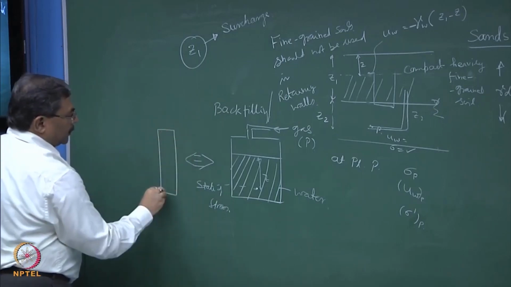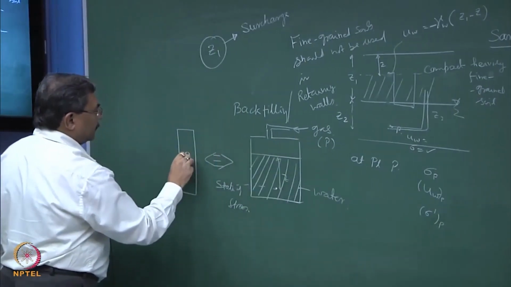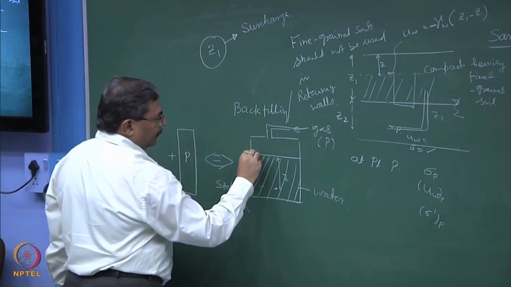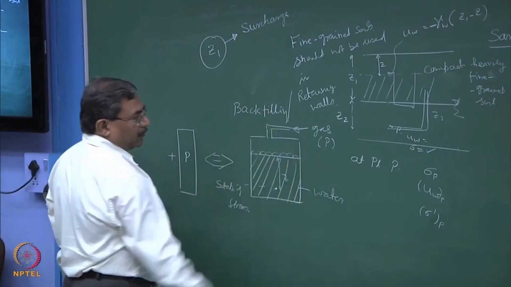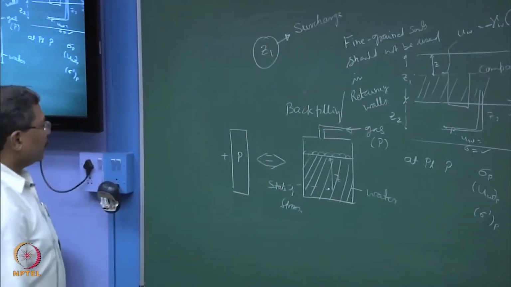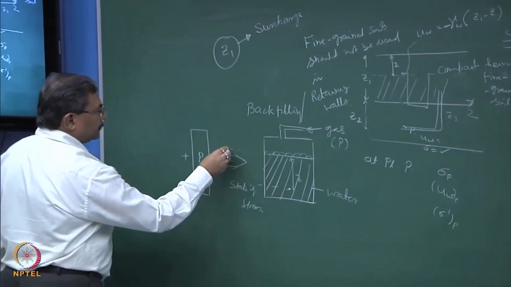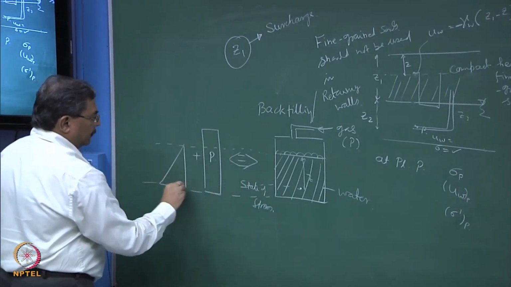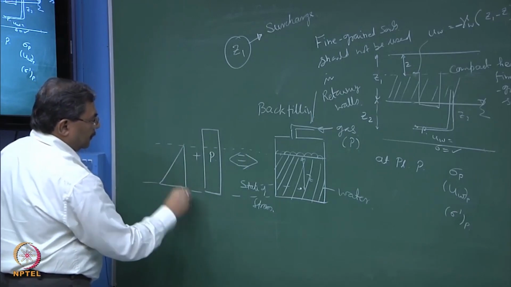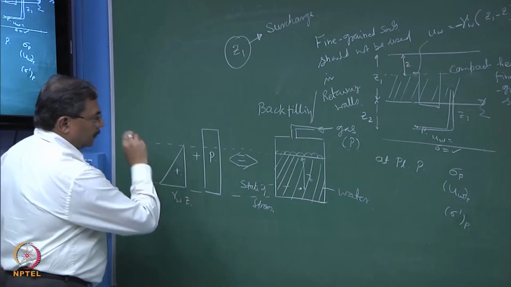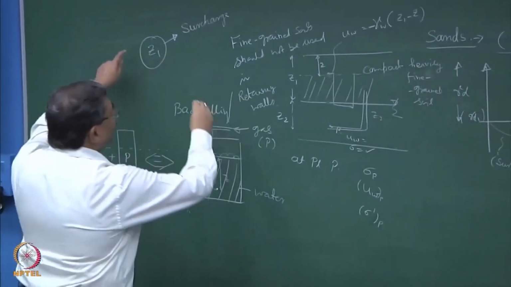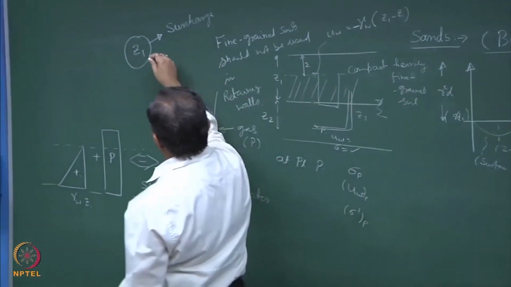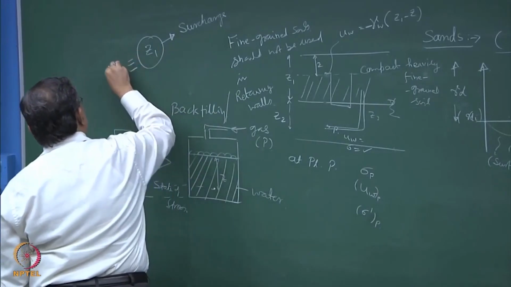So, this is the P pressure which is acting constant, and this will get added up to. So, this is P which I can show like this also, uniformly distributed load. You must be doing structure analysis plus this is the hydrostatic pressure. Is this okay? So, when you have the fine grained material which is heavily compacted, this becomes a sort of a surcharge which is equivalent to P.